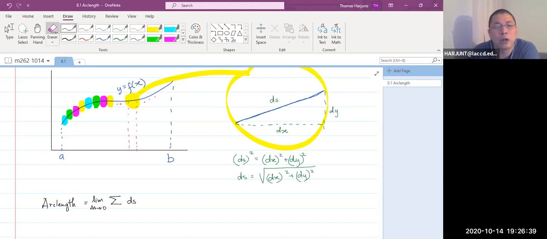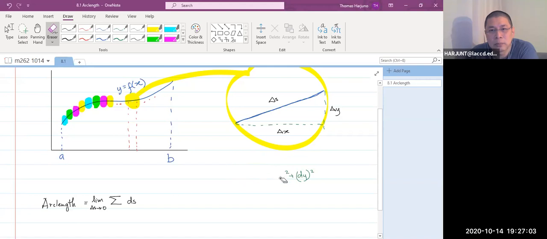Maybe I look back a little bit. Instead of using d, let's use sigma for now. So I use sigma x, that's the difference of x, and then the difference of y, and this is the difference of the hypotenuse. What I did earlier is not wrong.